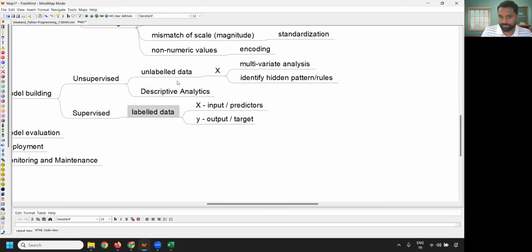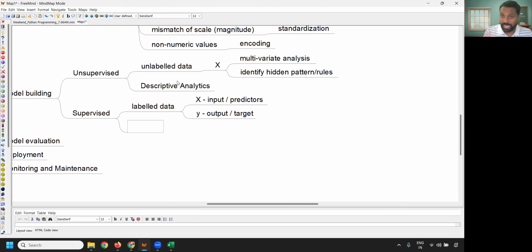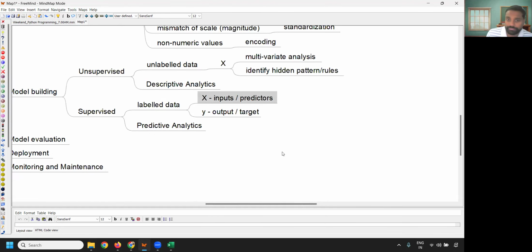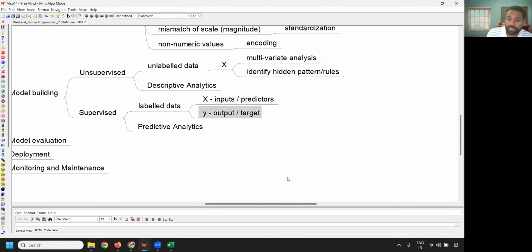Whereas for labeled data, because I have a specific variable of interest, I will be able to use that knowledge for defining a mathematical model for the relation between X and Y. Okay, here we say inputs, right? So predictive analytics.